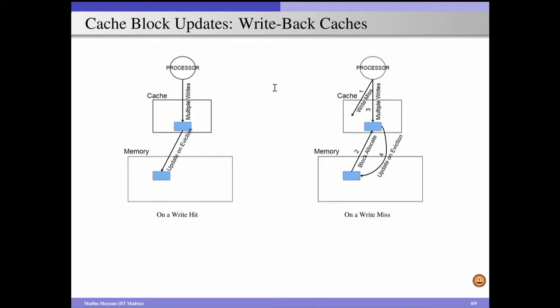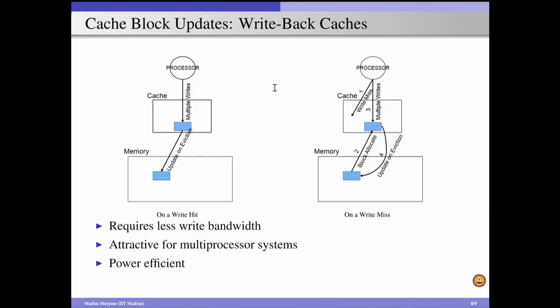On a miss, when a processor generates a request which is a miss in the cache, we have to go to the memory, get the block of data, and store the block in the cache, and after that we perform our write operations to the cache block. This is similar to the write allocate policy of the write through cache that we discussed previously.